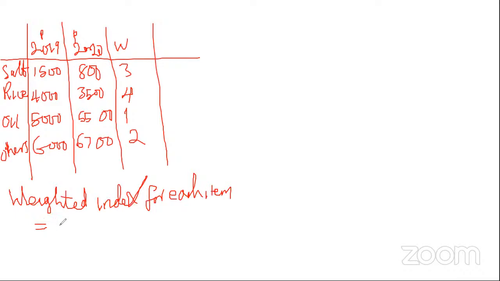So the formula is Pn over P naught times W, then times 100.